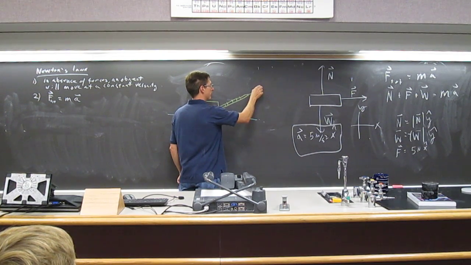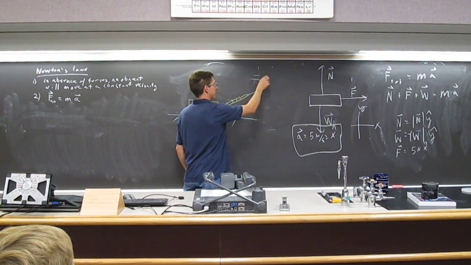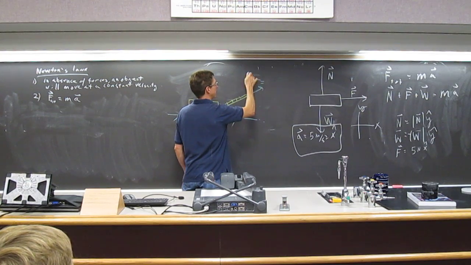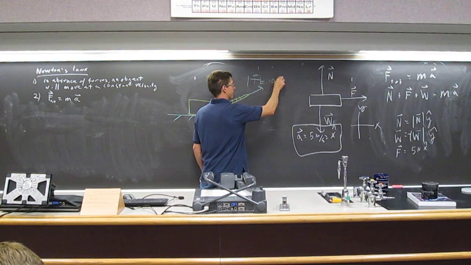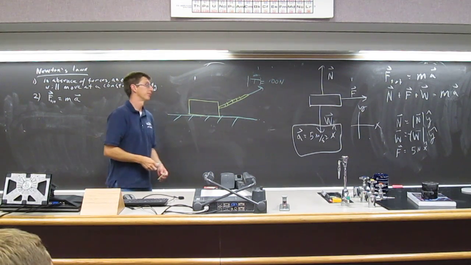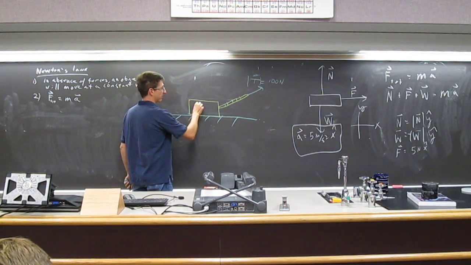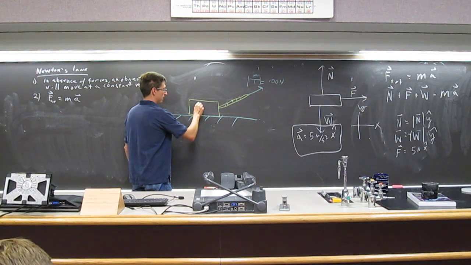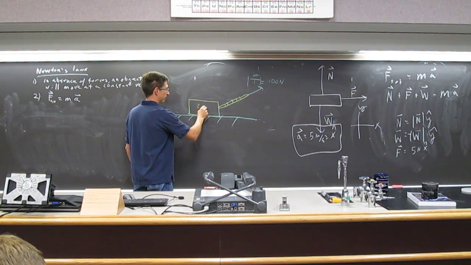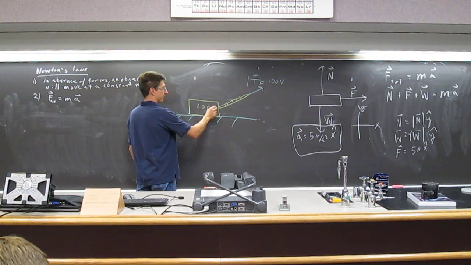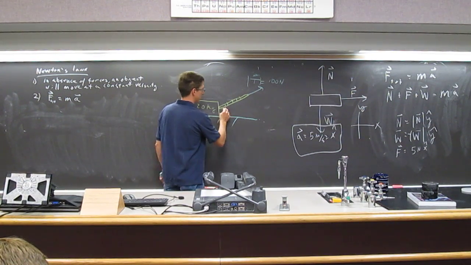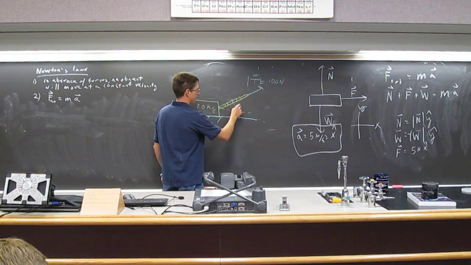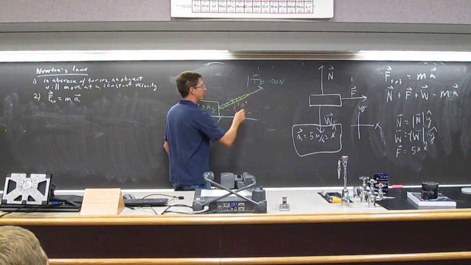Somebody's pulling on the rope with a tension force with a magnitude of 100 newtons. And let's say that this box has a mass of 20 kilograms. Let's say the angle here is 30 degrees.